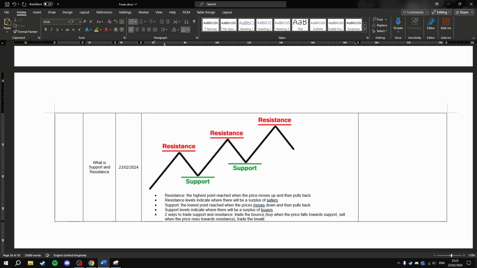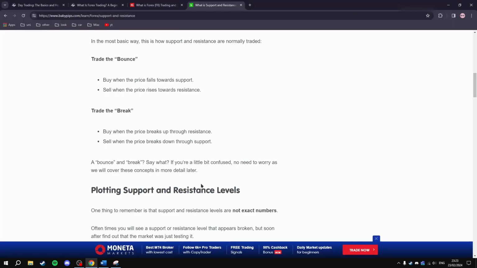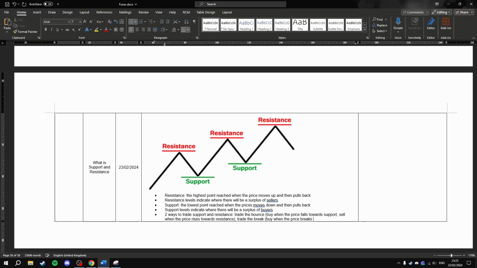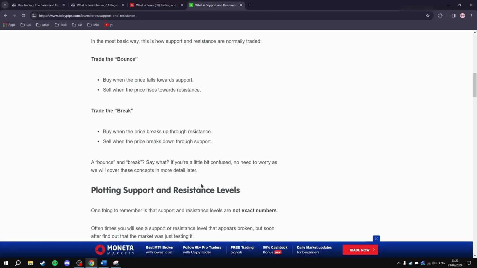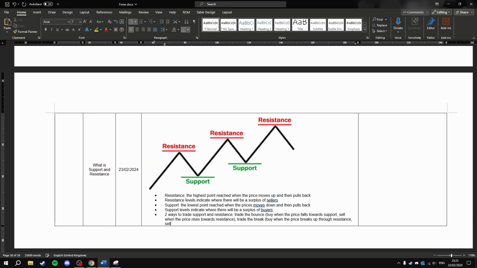Trade the break: buy when the price breaks up through resistance, sell when the price breaks down through support.